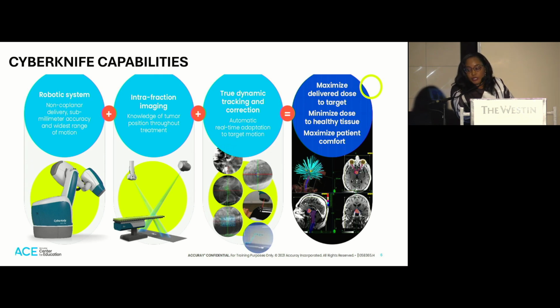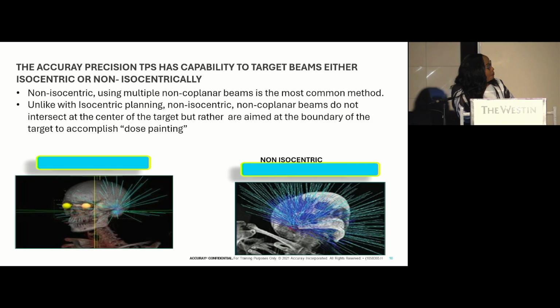And then it has true dynamic tracking and correction. And of course, the main important thing is that it can minimize the dose to the healthy tissue and maximize the dose to your treatment site. So these are the 2 isocentric and non-isocentric kinds of treatments it can do.